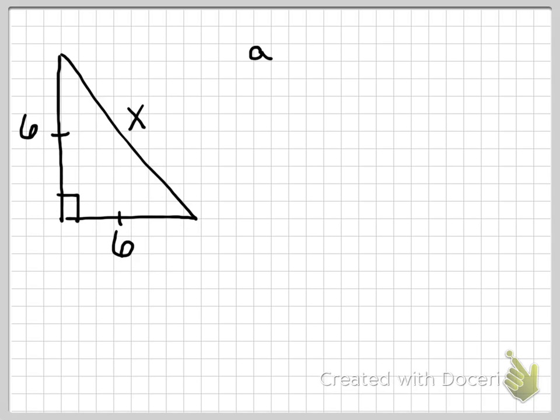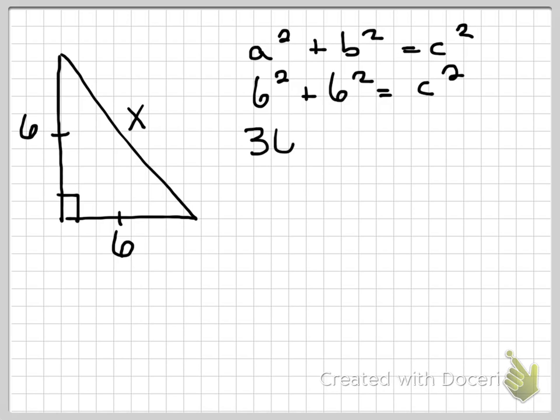So we do a squared plus b squared equals c squared. So we know that's 6 squared plus 6 squared equals c squared. 36 plus 36 is 72, equals c squared.